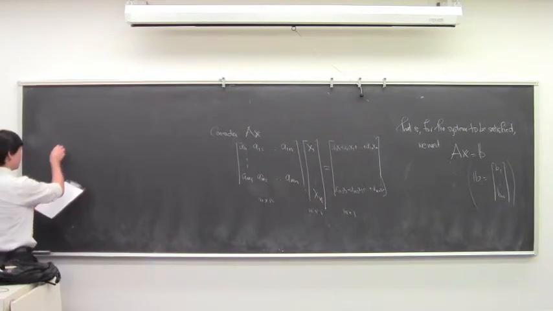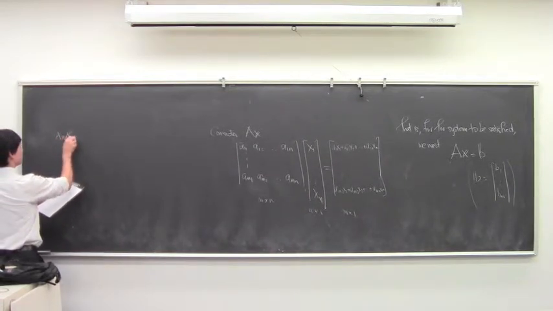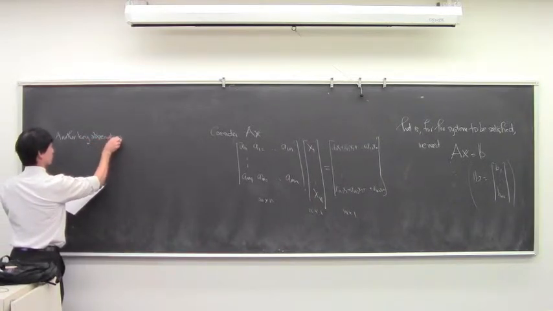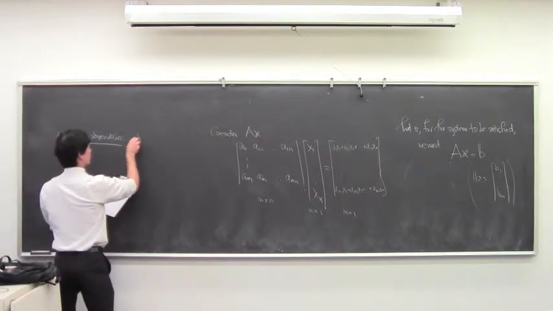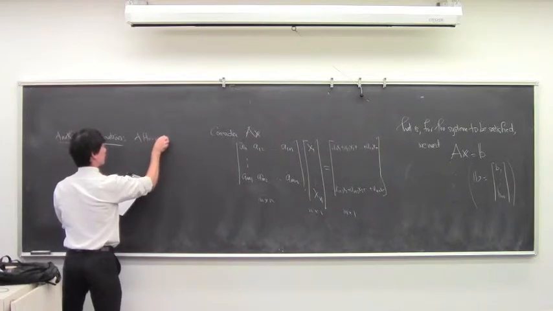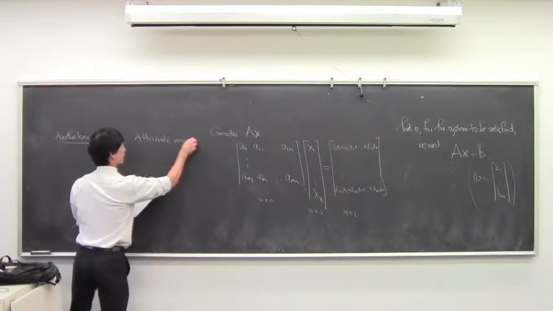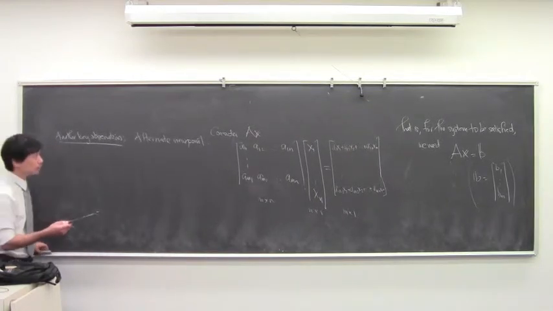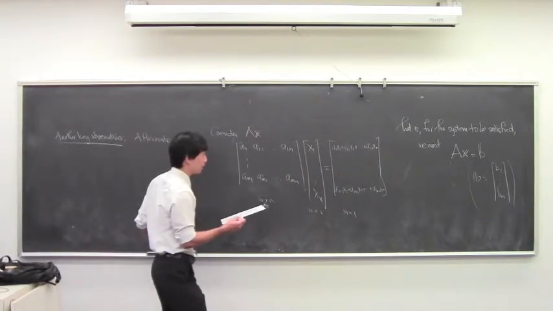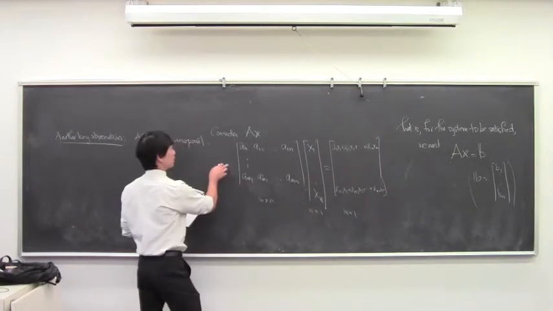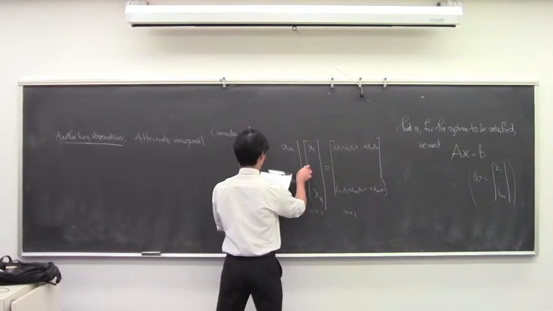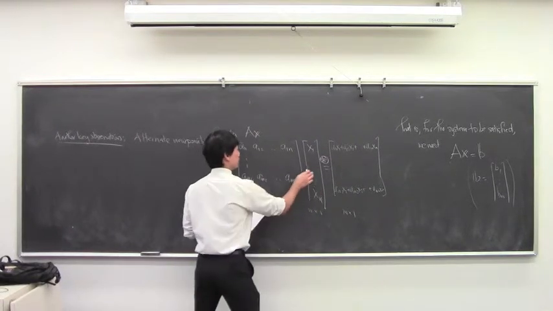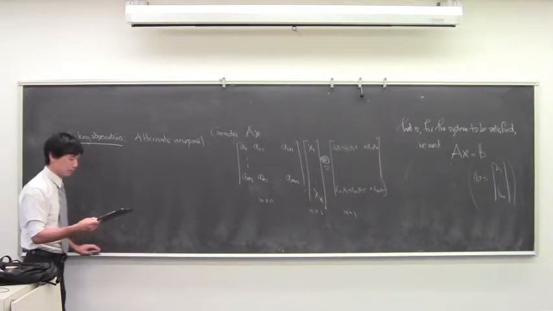Okay. So another key observation. This is sort of like an alternate viewpoint. So back here, let me call this equality star. I'm going to mark it with a star.